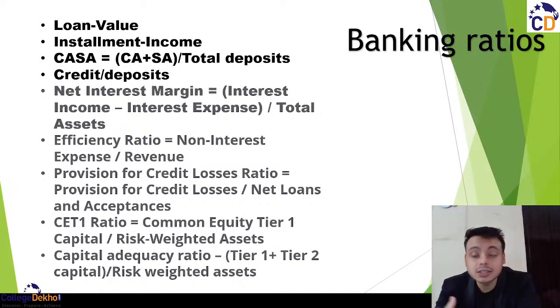How does the bank earn revenue? The bank basically earns revenue from the interest that the bank receives, and that is the major source of revenue for banks. So we can say it is basically a ratio of the non-interest expenses, which are the bank's expenses, divided by the interest or revenue that it is making.